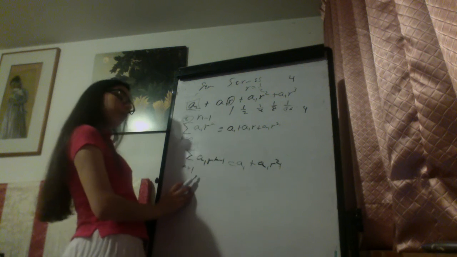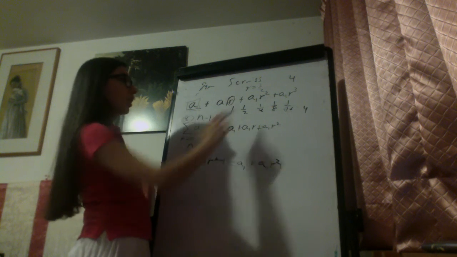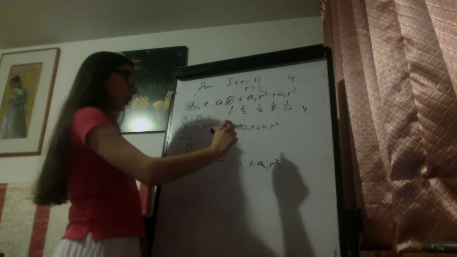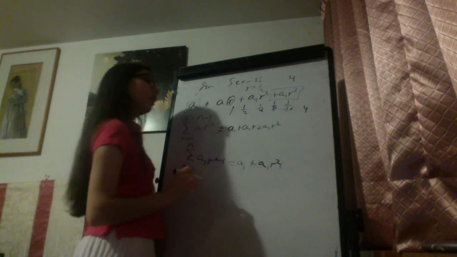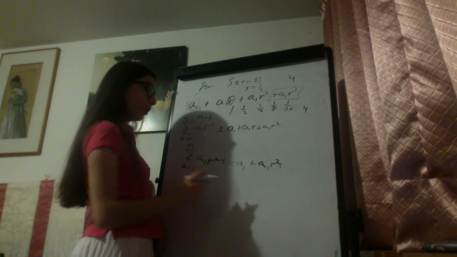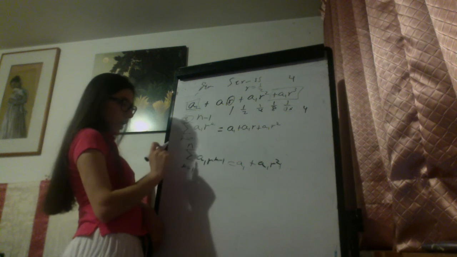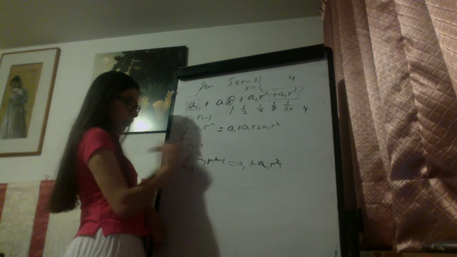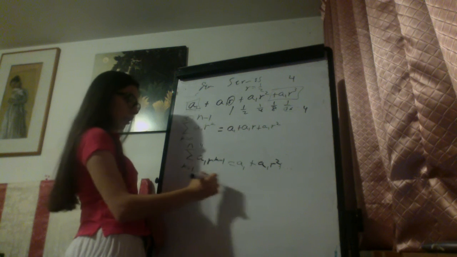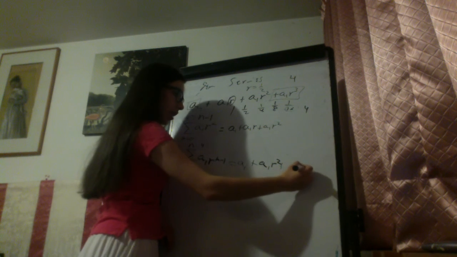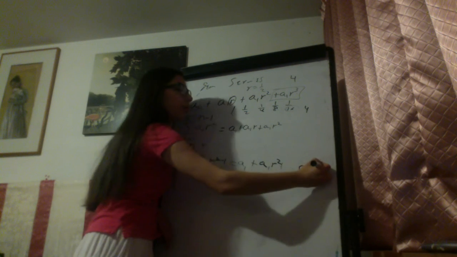So here we would go to n, because in this example, when am I going to end up with a sub 1 r to the third power? This would be when I have n equals 4, because if k is equal to 4, this last term would be a sub 1 r to the 4 minus 1, which is 3.